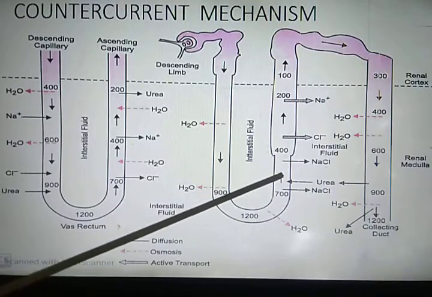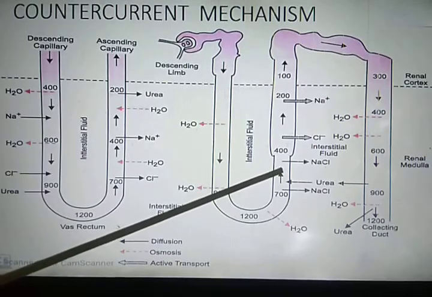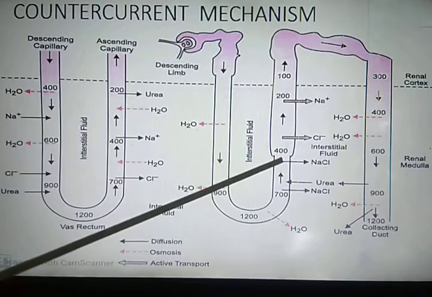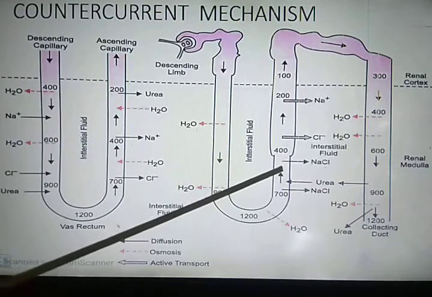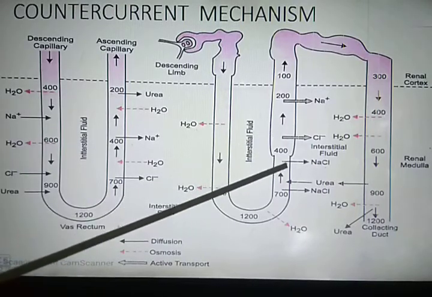Now the ascending limb is impermeable to water and permeable to electrolytes, due to which sodium and chloride ions move outside into the interstitial fluid.